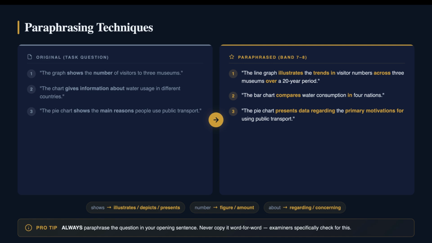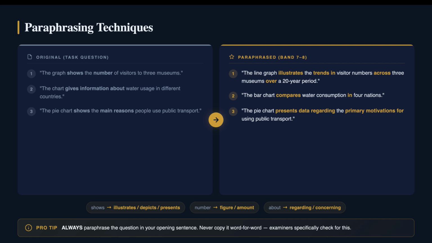We have the original task question with three main statements, and then on your right side, we have the paraphrased versions for band 7 and 8. These three statements have been paraphrased from the original task question.